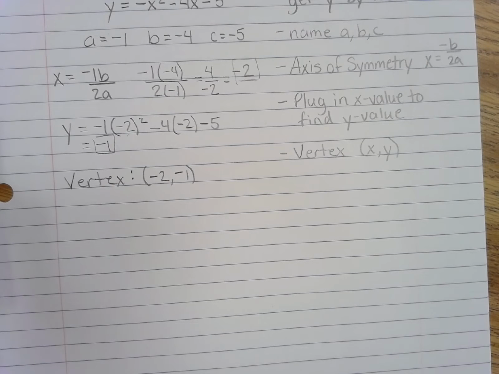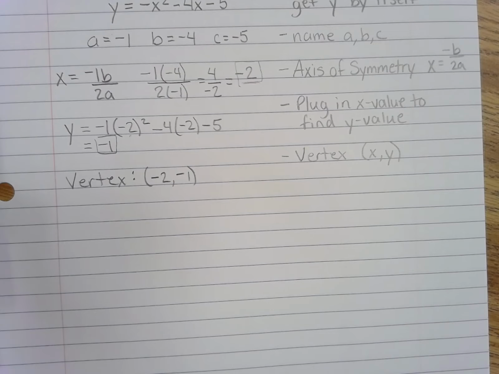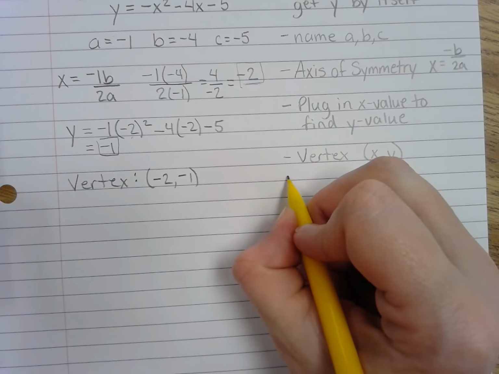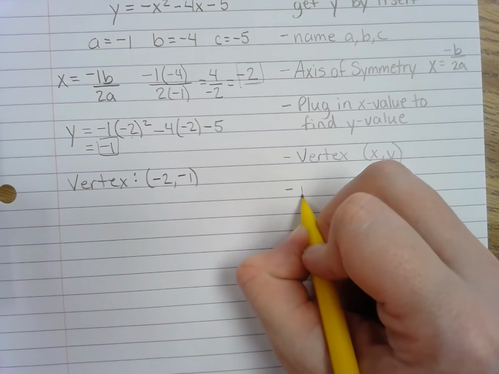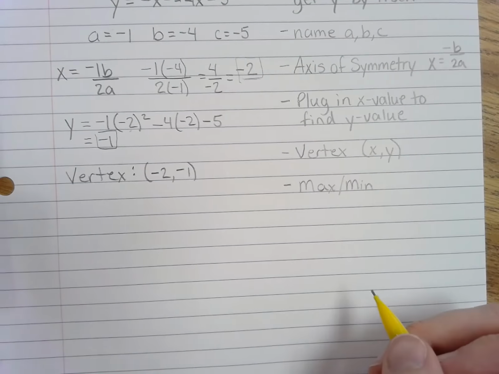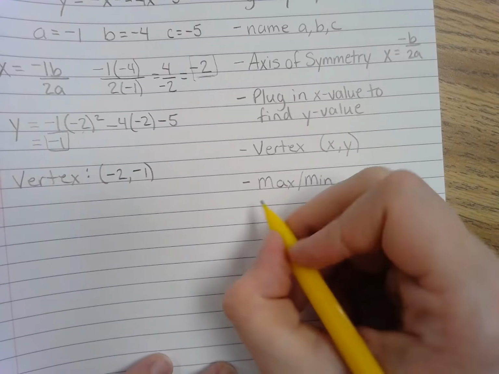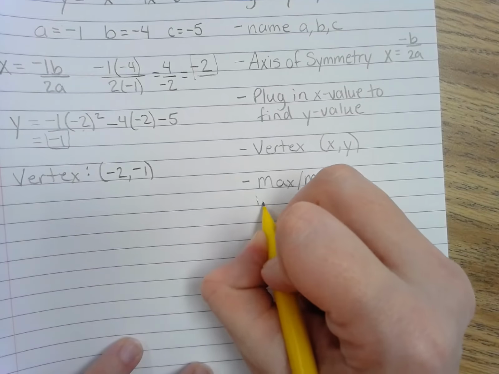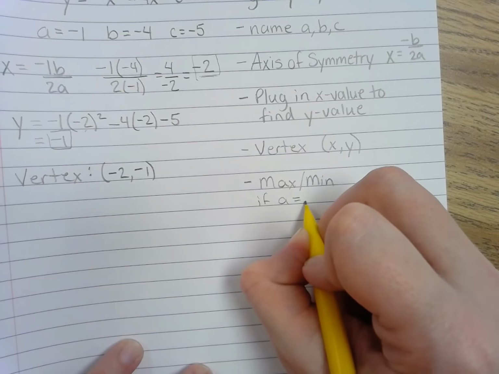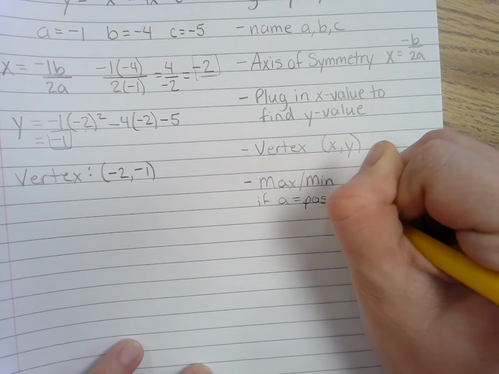So to finish this problem, we want to talk about this vertex and determine if it is a maximum or minimum. So let's talk about max and min. If a is positive, that means our graph is going to open up, pointing to the positive.